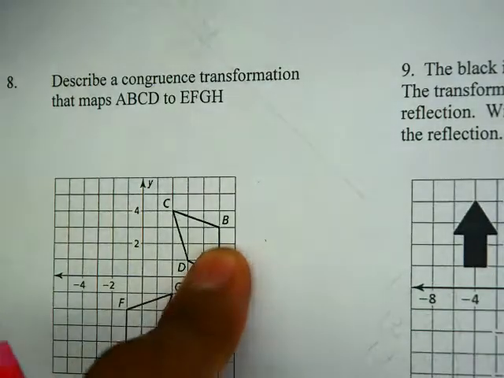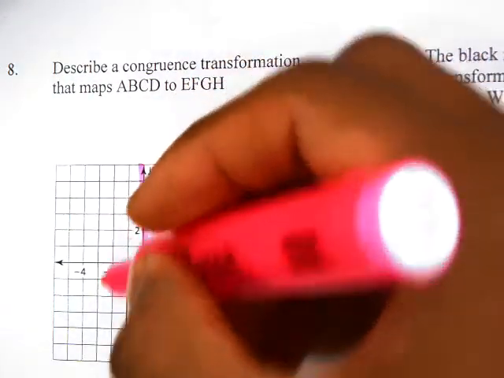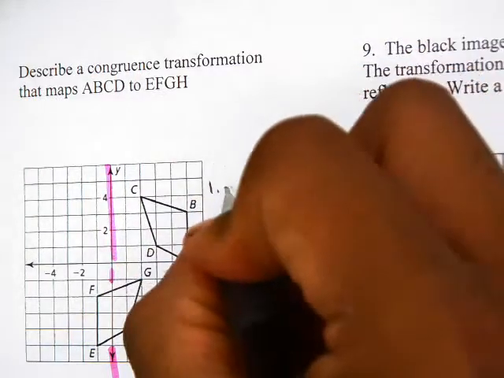So what I'm going to start doing first is maybe I should reflect this over so that it faces the same way. So I'm going to decide to reflect it across the y-axis. So the first thing is a reflection across the y-axis. That's the first transformation.